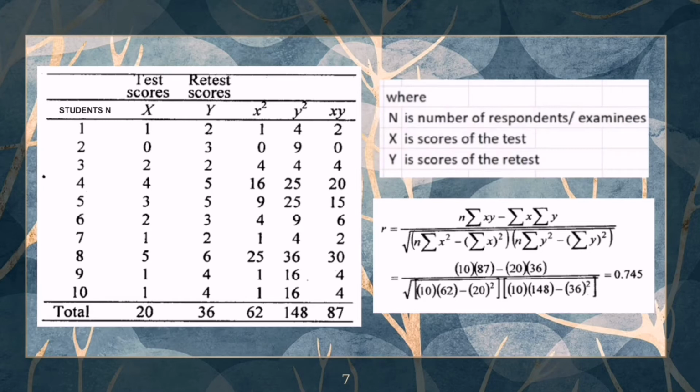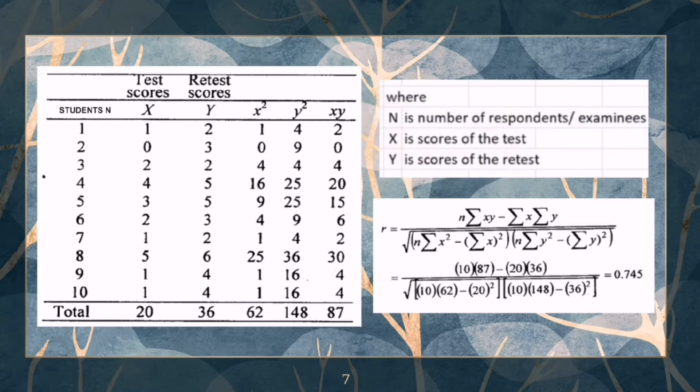I-follow lang yon, and then kapag nalagay na yung mga hinahanap, ang gagawin naman natin is to compute the formula. Yung example ko kasi dito, ang naging result niya is 0.745 or 0.75. Doon na lang tayo kasi 2 decimal points.